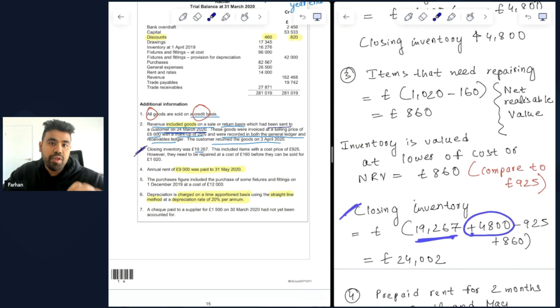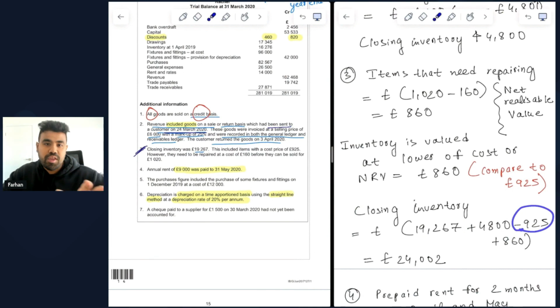That's why we're adding it back, because it's increasing the closing inventory. And then we are subtracting £925 to first remove the cost of the items that need repairing, and then adding an additional £860, which is the net realizable value being the lower of cost and net realizable value, to get the final answer of £24,002 for closing inventory.